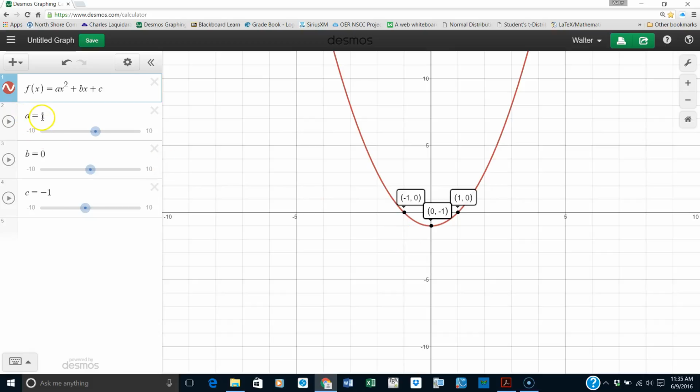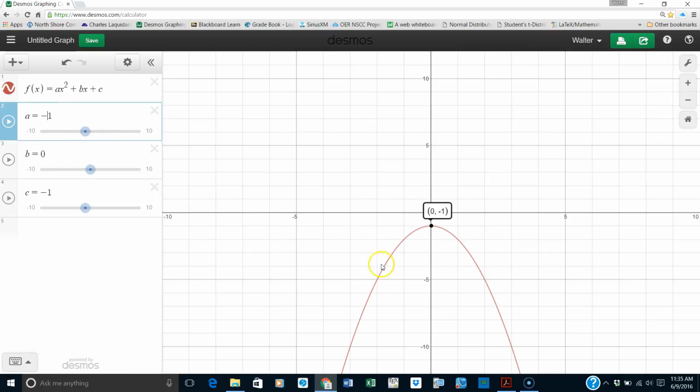If a is a positive number, the parabola faces upward. If I change a to -1, notice that the parabola then faces downward. So if a is positive, it faces upward. If it's negative, it faces downward. Okay, so we'll be working with that idea.